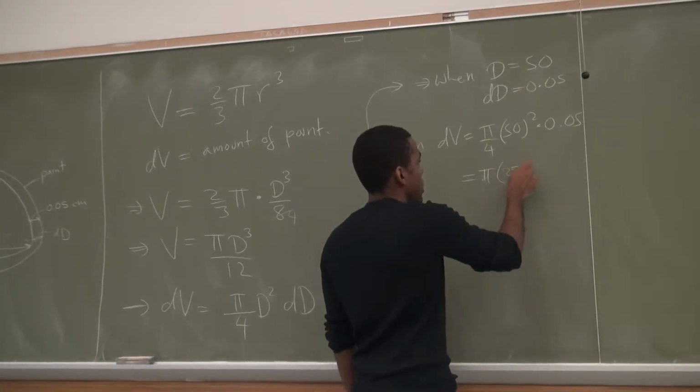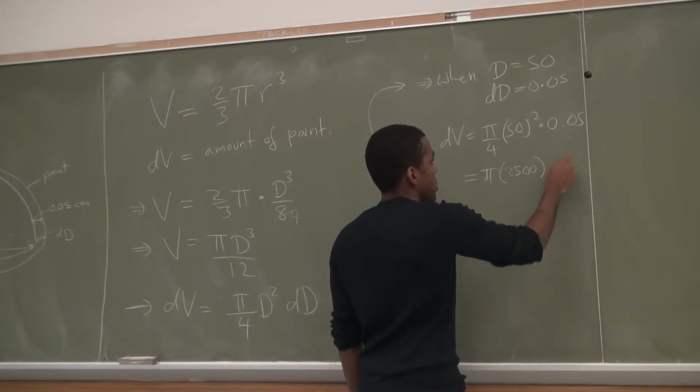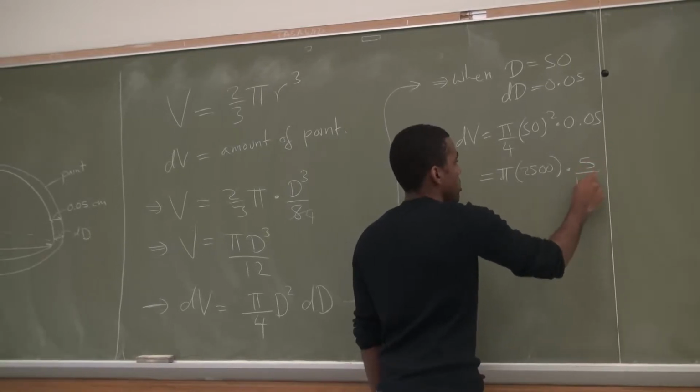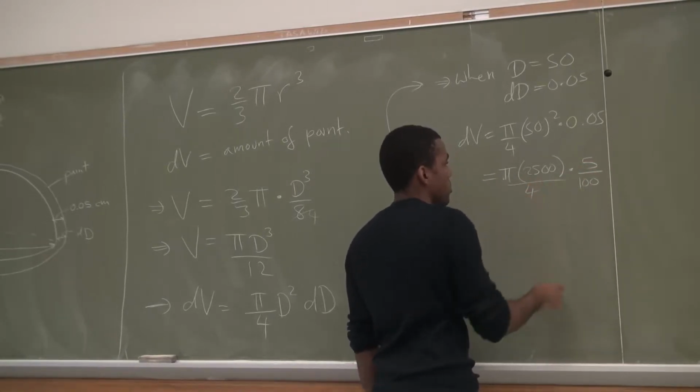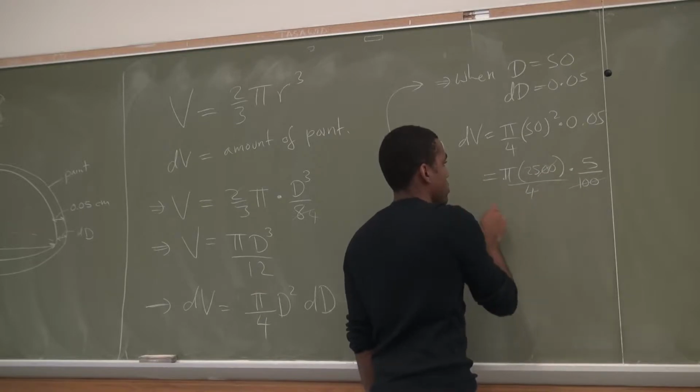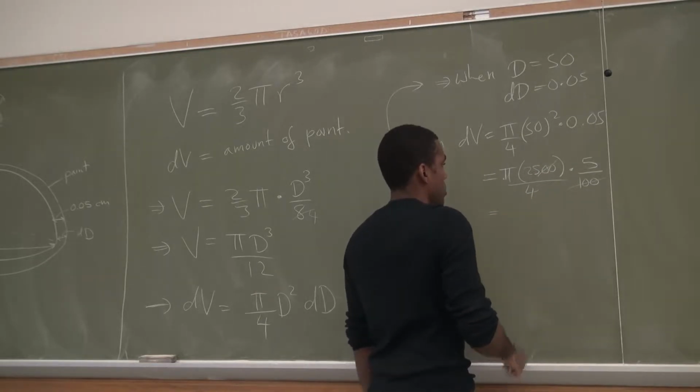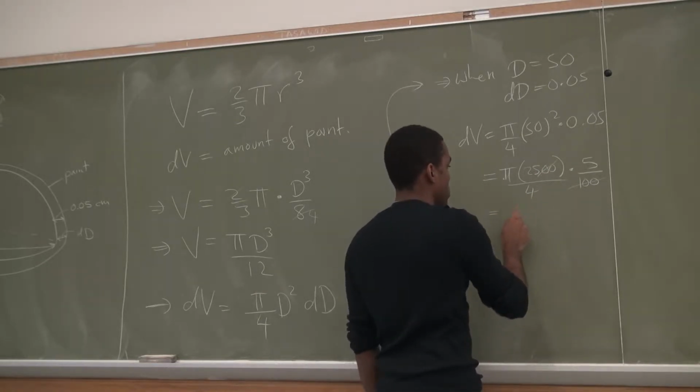This is 25, this is 5 over 100, over 4. 25 times 5 is 125 over 4.